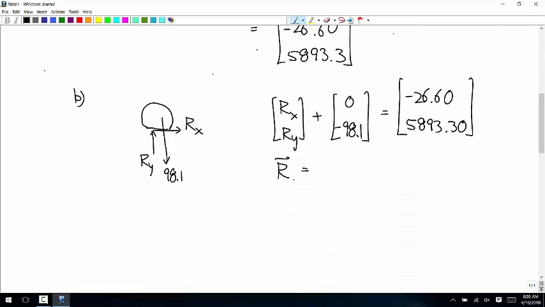Okay, so the contact force is equal to negative 26.60, and then this 5893 plus 98.1 is 5991.4 newtons. So the contact force is bigger than the net force in the y direction because it has to make up for the fact that gravity is going the other direction.